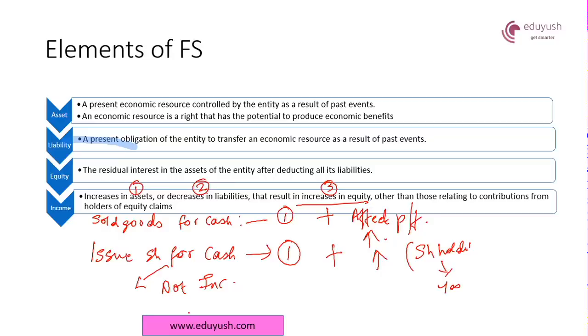The basic sale itself, whether at a profit or loss, is going to increase your equity. The expense recorded against the sales is going to decrease your equity. The net effect is no change in equity. But the basic sale transaction, even at a loss, is going to increase your equity.